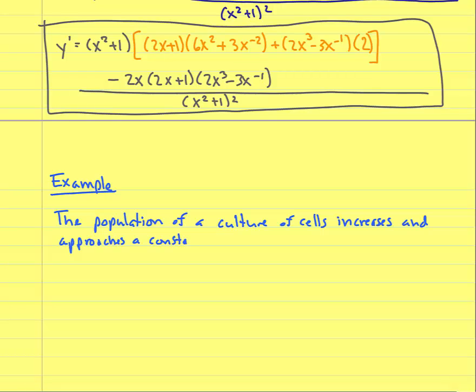So this could mean something like there's only so much medium where they can grow in a petri dish, or there's only so much food, I guess, is one way you could say it, and then after that point they stop growing, the population stops growing. Now this constant level that they approach is called the steady state or carrying capacity.